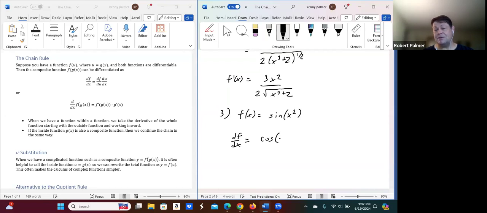So the cosine of the something is cosine of x squared. Then times the derivative of the inside function. The derivative of that is just going to be 2x, and we'll just bring the 2 out front. So this is going to be 2x times the cosine of x squared. And that's the derivative. We can write this as f prime of x, or write this as df dx.